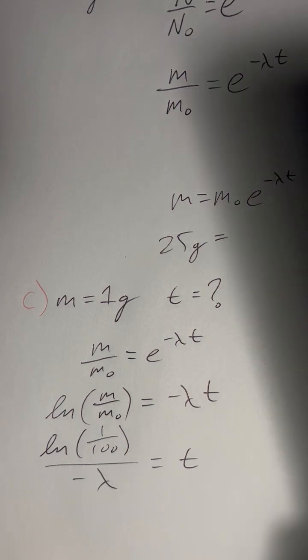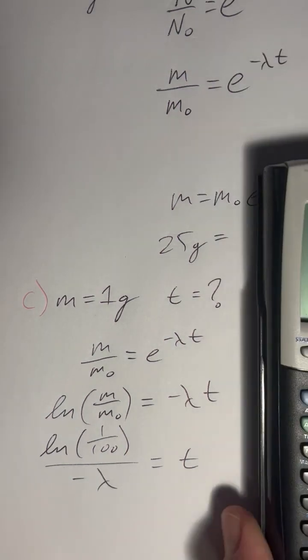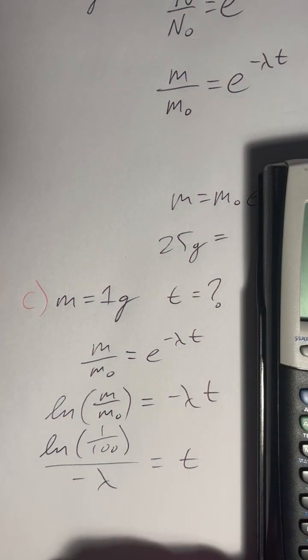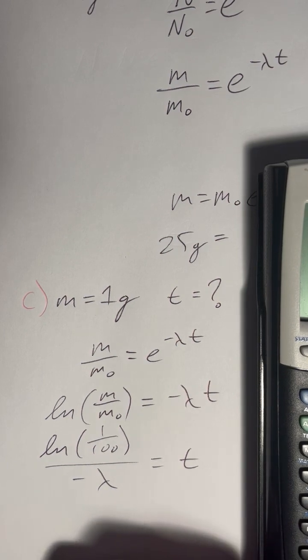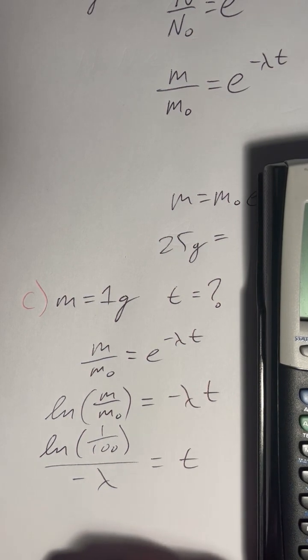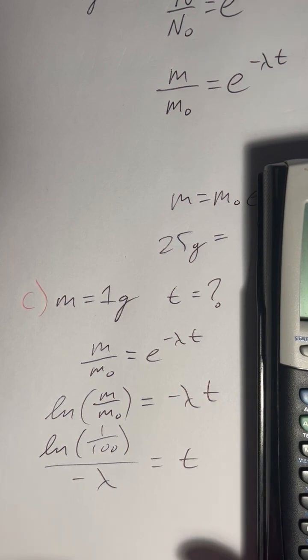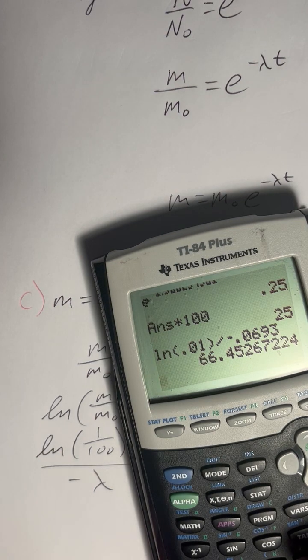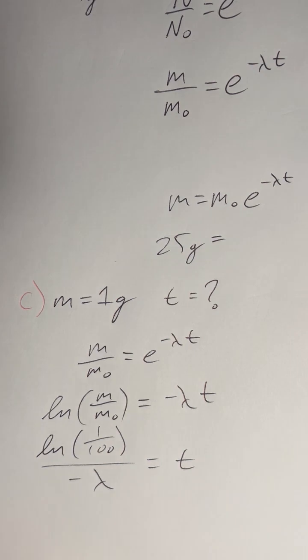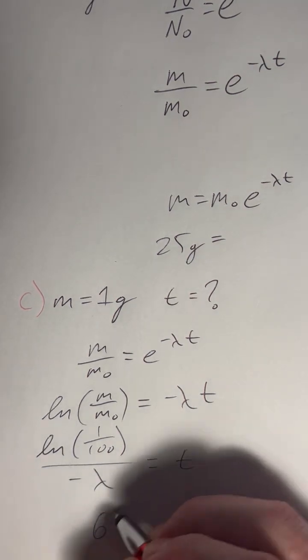I know my lambda from before. So if I just do the ln of 0.01, bracket it this time, divided by negative 0.0693, I get 66.5, and that's going to be years, so 66.5 years.